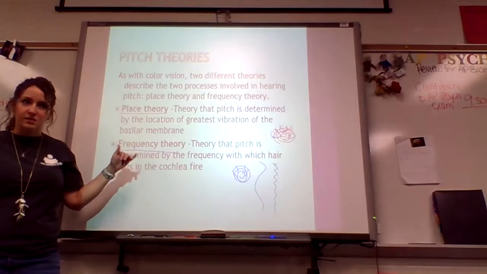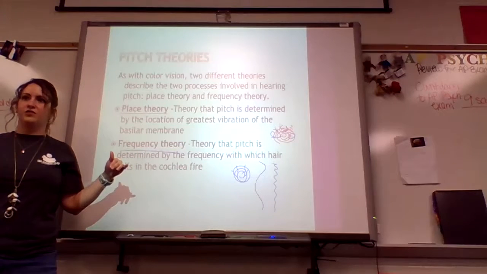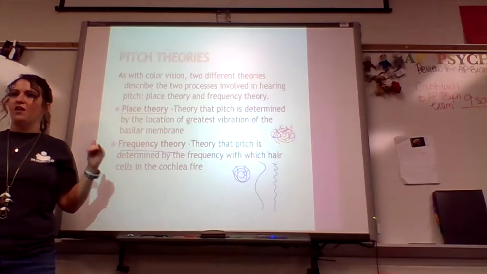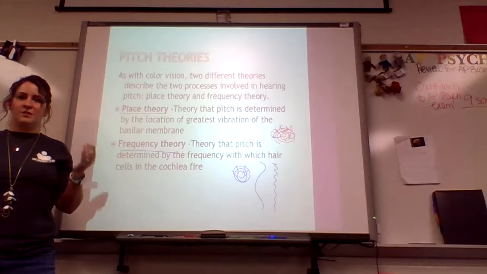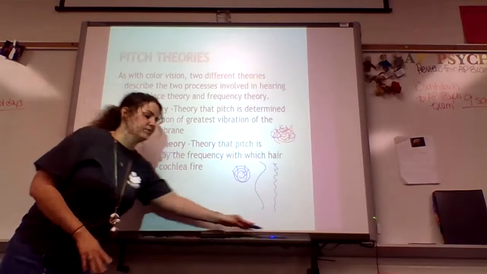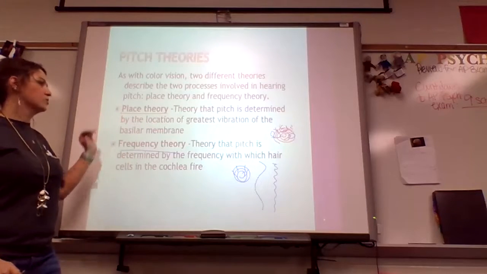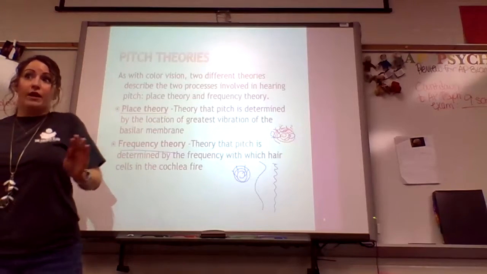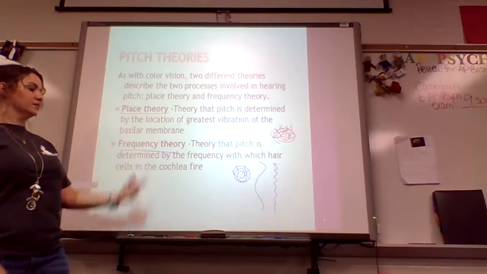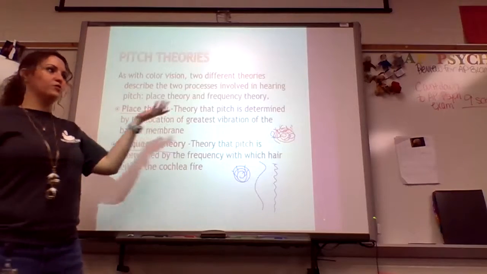So it's about the frequency of the vibration of the hairs. Does that make sense? Yeah. It's really simple: place versus frequency. Place is based on the location, and frequency is based on how fast it's moving.